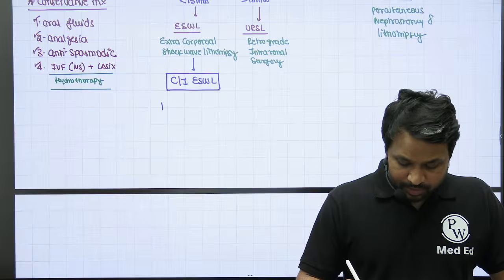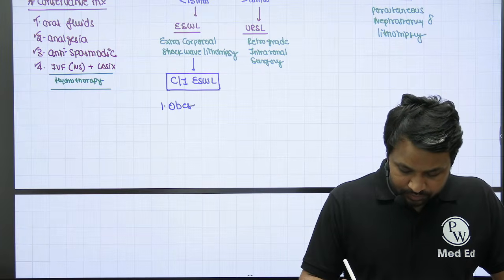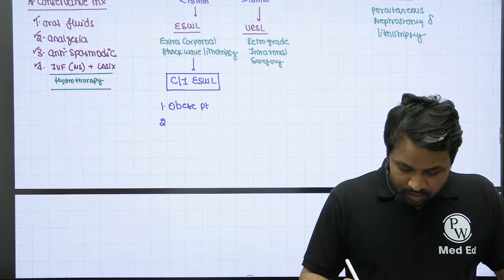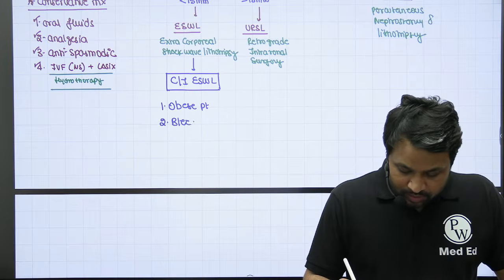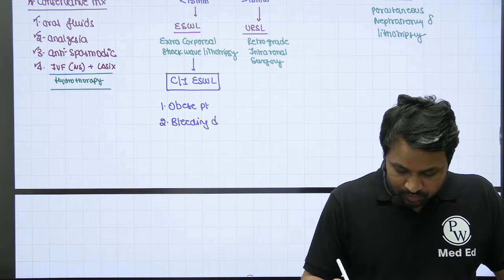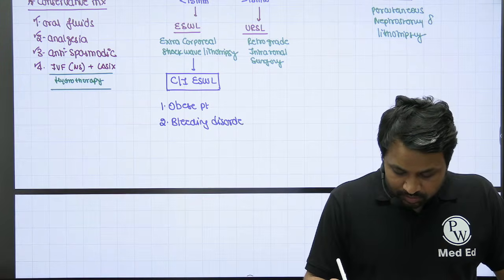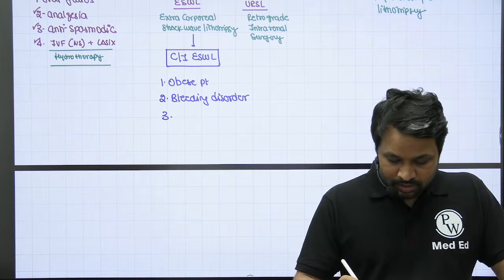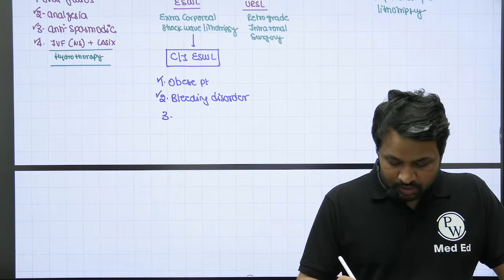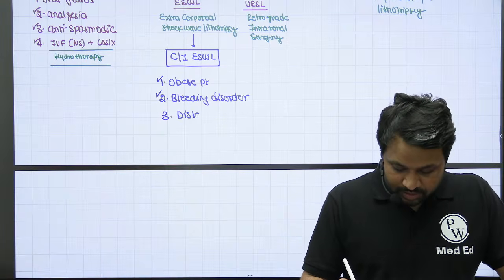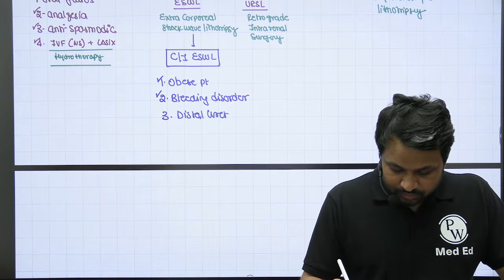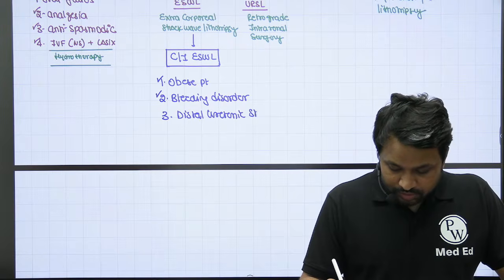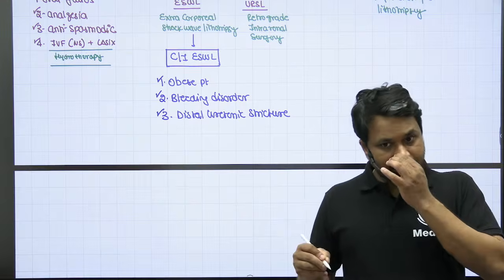Number one, if the patient is obese. Number two, if there is a bleeding disorder. Then if there is a distal ureteric stricture.